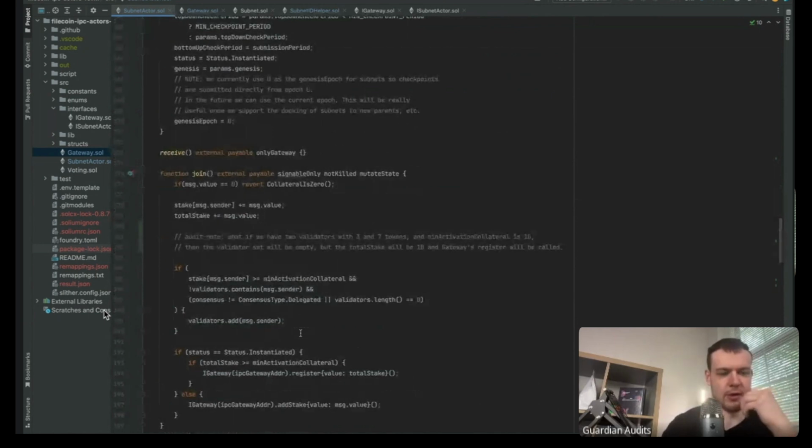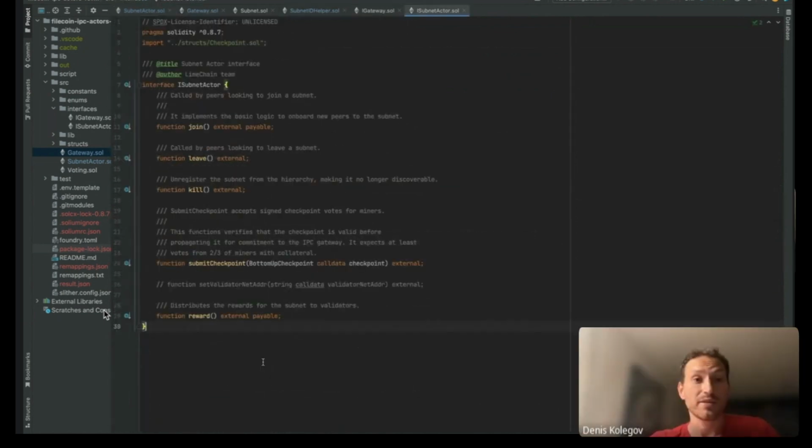If we look at the interface for the subnet actor again, from the interface perspective, in a subnet actor we have only one function, called submit checkpoint. It's external, and we call submit checkpoint with a bottom-up checkpoint, and that's it.